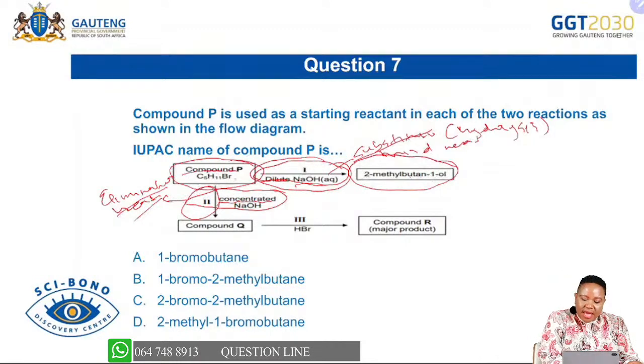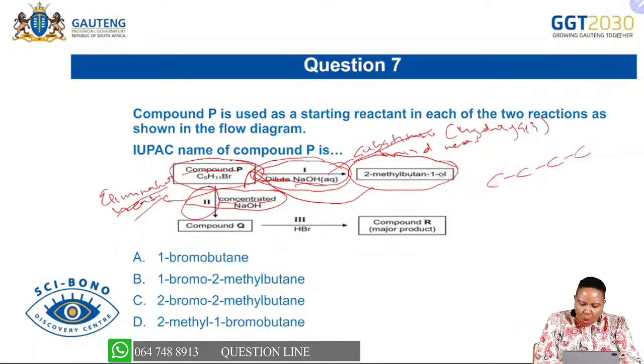So that is why here, when you go back and try and draw the structure of compound P, it's not going to be a straight chain haloalkane, but it's going to be a haloalkane which has a branch. So it's going to be 1, 2, 3, 4. In carbon number 1, we'll have the OH. So it means our Br will also be in carbon number 1, because we are doing a substitution reaction.